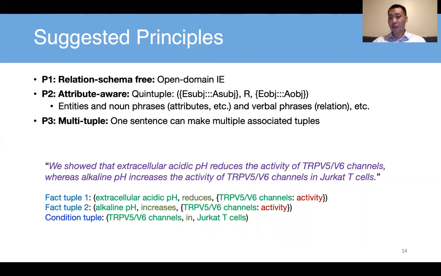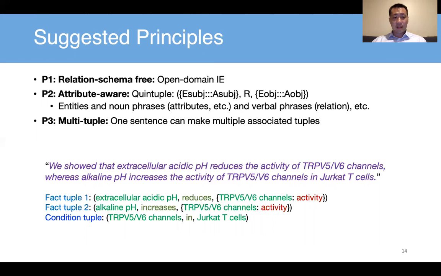It's really hard to predefine the relation types in scientific literature. There are so many types of relations. Think of partially inhibit, right? Or can prevent the spread of something. So we should have an open relation schema, right?